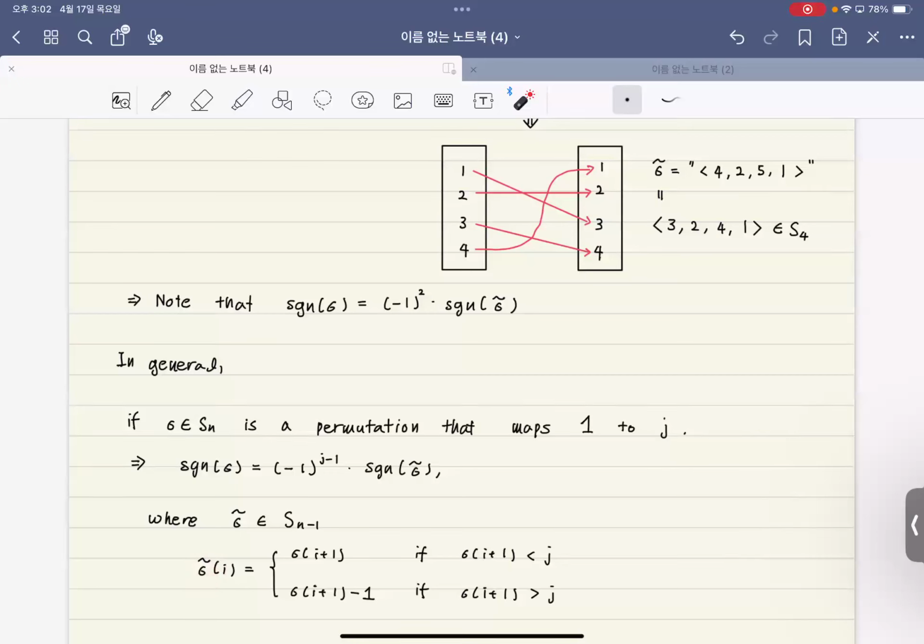So this sigma tilde is not a big deal. Sigma tilde is obtained exactly by getting rid of the arrow starting from 1 to j.